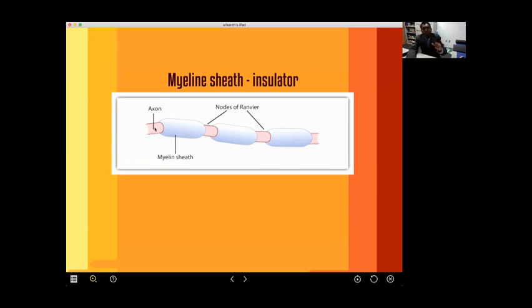We'll talk more about it later. With these open spots, the information will directly flow from one node of Ranvier to another node of Ranvier, and so on. So what the myelin sheath does is increase the speed of transmission of information in a given neuron. It speeds up the transmission process.